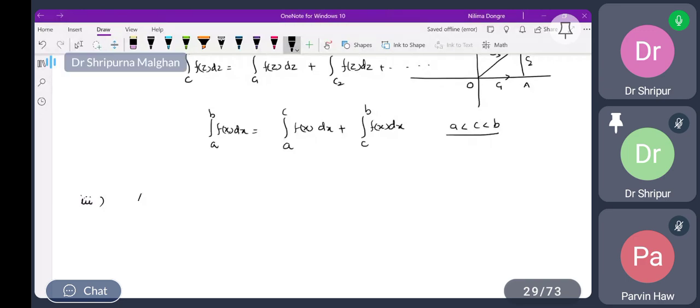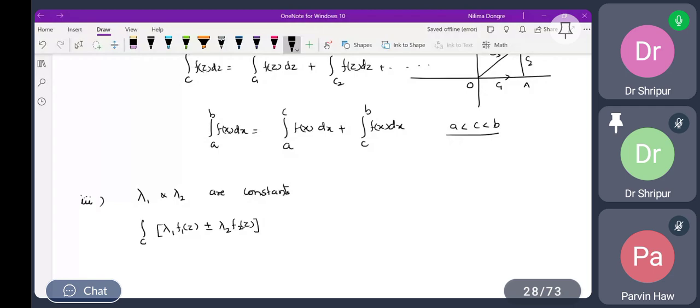If lambda 1 and lambda 2 are constants, then integration over c of lambda 1 into f1 of z plus or minus lambda 2 f2 of z dz is equal to lambda 1 times integration over c of f1 of z dz plus or minus lambda 2 times integration over c of f2 of z dz.